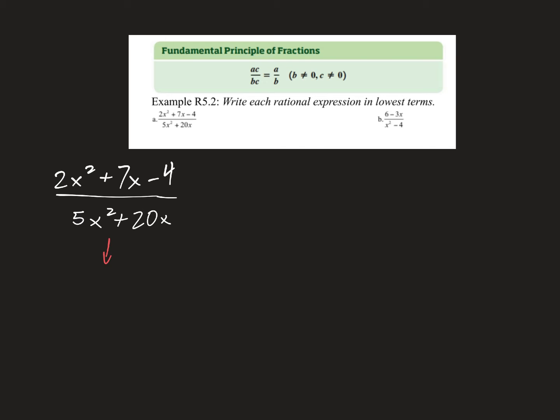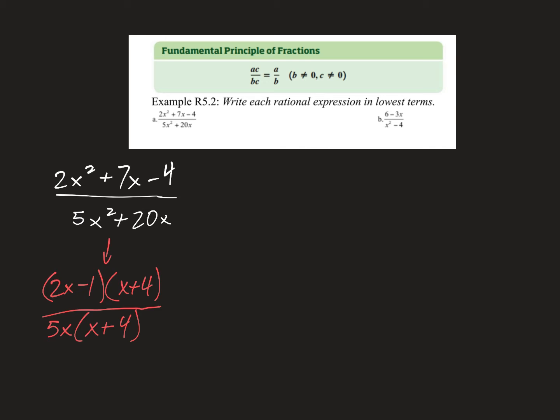Take a moment if you want and go ahead and factor these trinomials and that bottom binomial, and let's see what we get. If you factored this, you should have come to 2x minus 1 and x plus 4 on top. On the denominator, we can take out 5x as our common factor, and we'd have x plus 4.